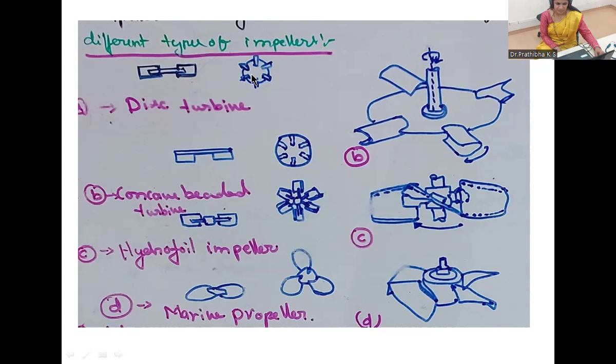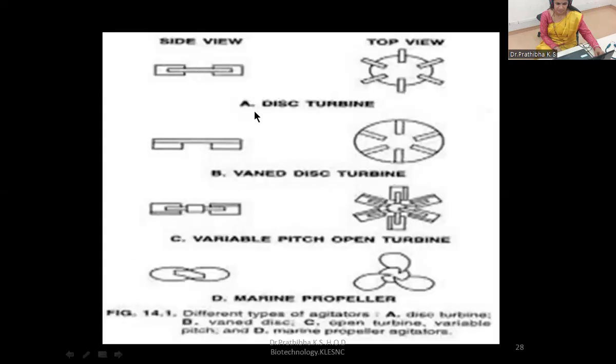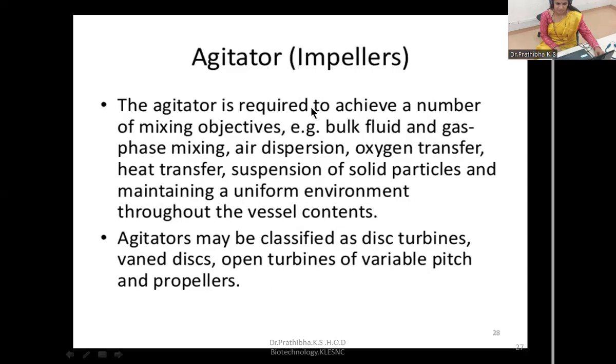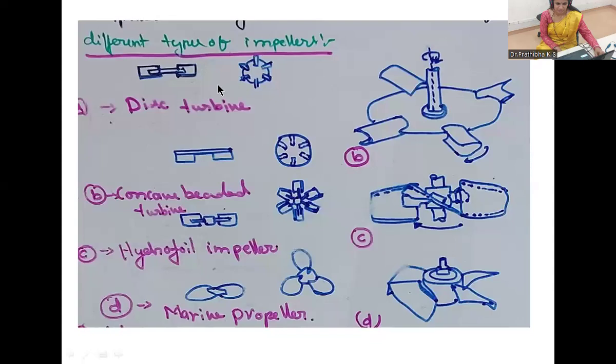This is the disc turbine, and this is the upper view of the disc turbine, and this is the concave bladed turbine. The next one is the hydrofoil, and the next one is the marine propeller. Like this, there are many others: the disc turbine, concave bladed turbine, hydrofoil impeller, and the marine propeller.